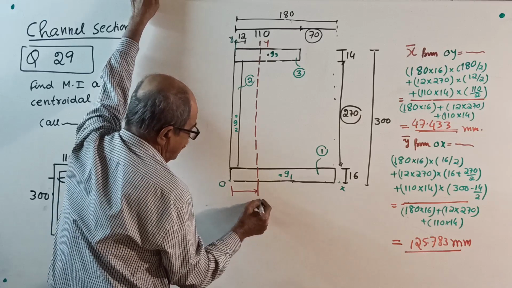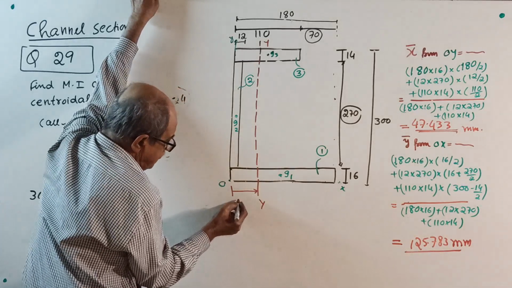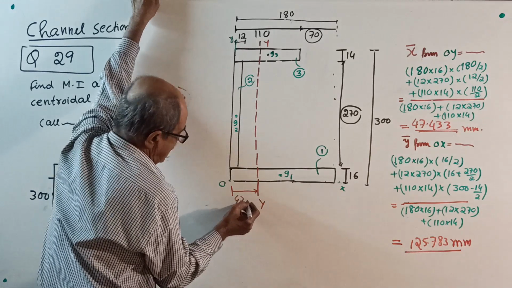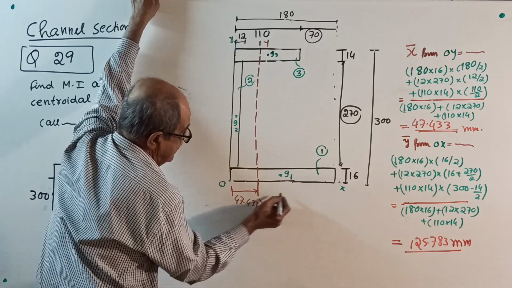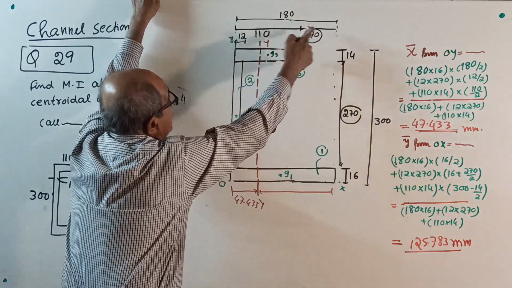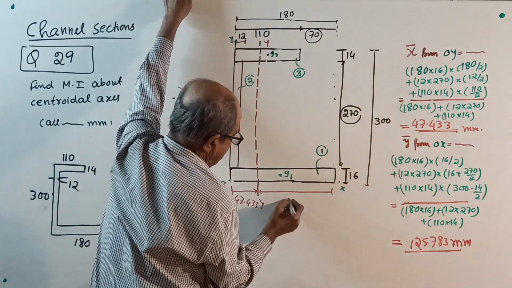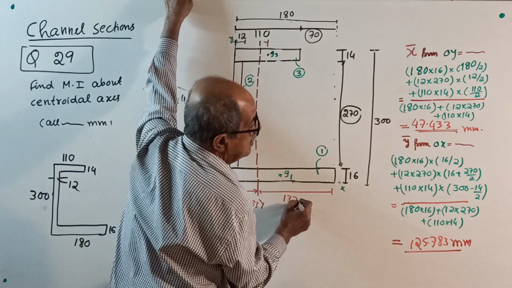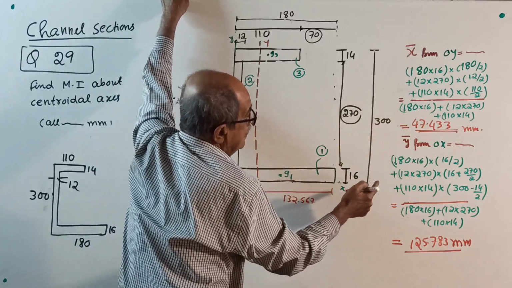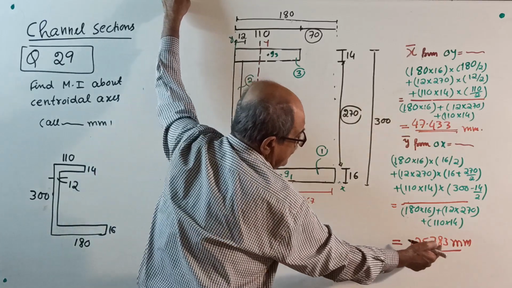I put the distance. You write here, X bar equal to 47.433. So from this extreme end, from 180, subtract, I noted down there, 132.567.